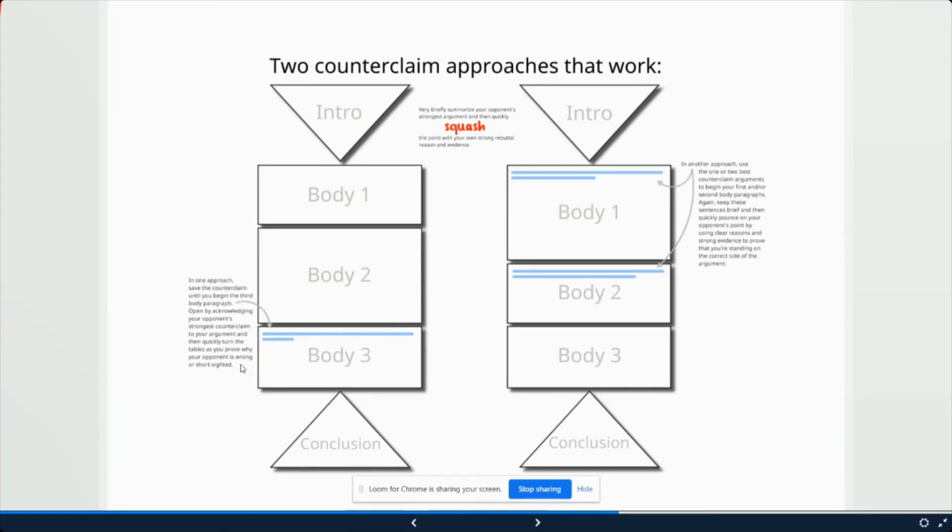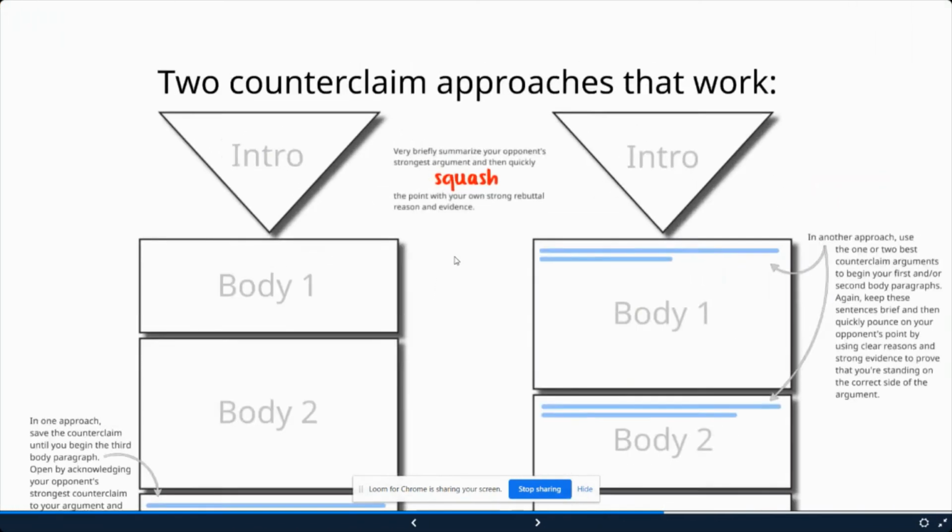So counterclaim and then rebuttal, prove why that counterclaim is wrong. All right. You can also do it in the first or second body paragraph, but I suggest just sticking it in the top of the third body paragraph. So again, very briefly summarize your opponent's strongest argument and then quickly squash that point with your own strong rebuttal, reason, and evidence. Okay?